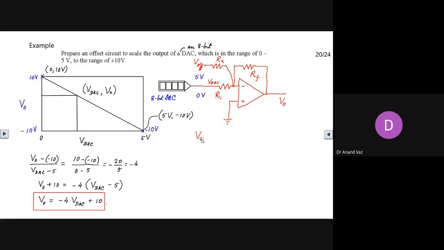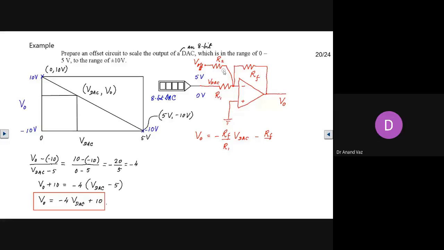So now we know the expression from our summing amplifier configuration. We know that the output should be equal to minus RF by R1 into VDAC minus RF by R2 into V offset.